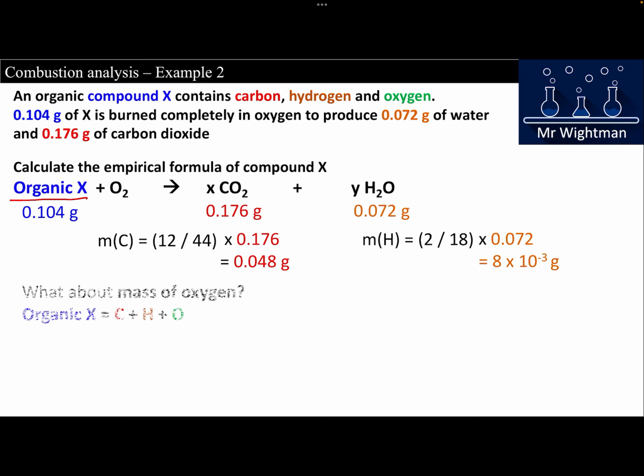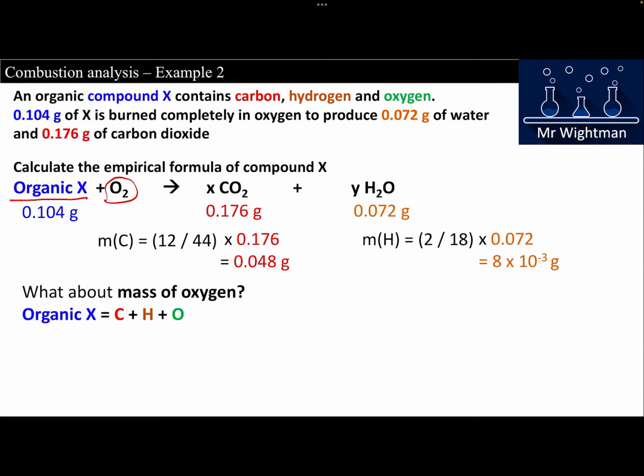So we need to work out the mass of oxygen, and the only way to do this is by first obtaining the mass of carbon and hydrogen, because we don't know how much oxygen there is as a ratio in our organic compound X, as well as we don't necessarily know how much oxygen we've added.